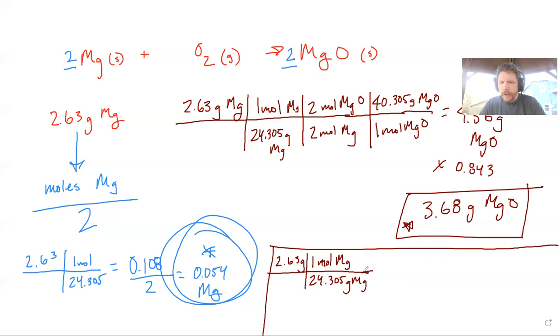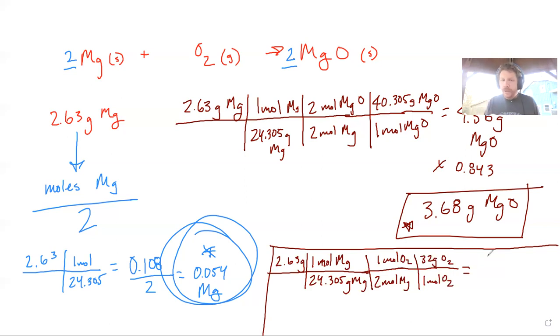What I want to do with this is relate my magnesium to my other reactant, which is my O2. So I'm going to say 2 moles of magnesium, 1 mole O2. Now 1 mole O2 is 32 grams of O2. What I'm doing here is relating my mass of magnesium that's reacting to my moles of magnesium, my moles of magnesium to my moles of O2, and then my moles of O2 to my mass of O2.